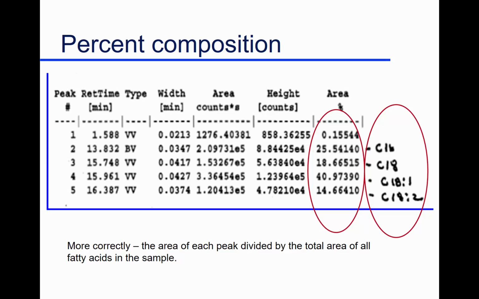Less than 1% of your fatty acids were C14. Here's C16, 25.5% of your fatty acids were C16, and so on. The machine can be set up, but you'll probably do the math yourself, I would expect. Again, it's fairly easy working with the areas. Add them up and divide each peak by that total area. So that's that.